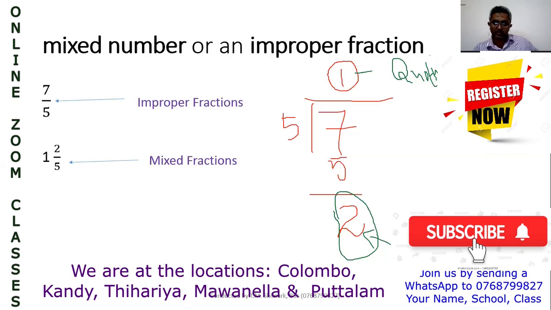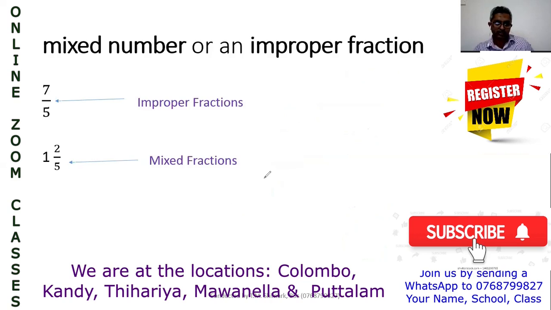If you divide 7 by 5, 7 minus 5 is 2, and 1 times 5, remaining is 2. Can we divide further by 5? Because 2 is smaller than 5, after this we can't divide. So this we call the remainder, and this we call the quotient. This is there from grade 6. Just names. You should know the names quotient and remainder.